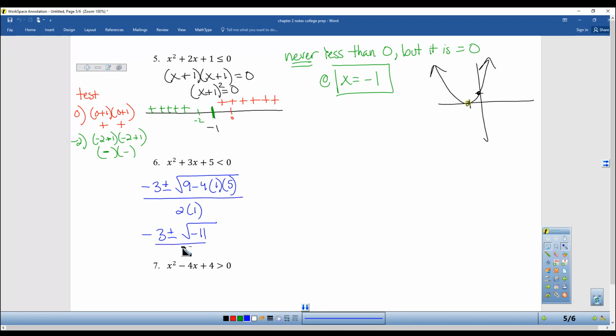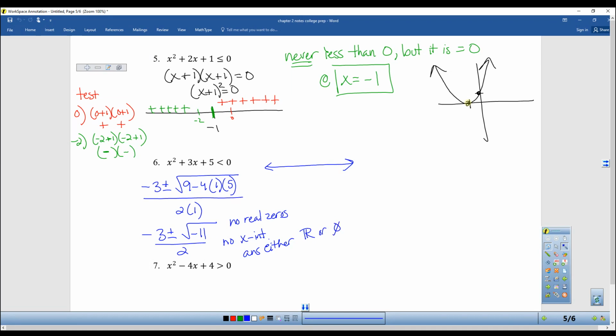So this has no real zeros, which means it has no x-intercepts. So the answer is either going to be either all real numbers or no solution.